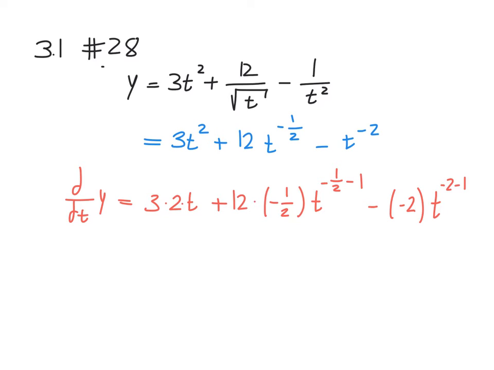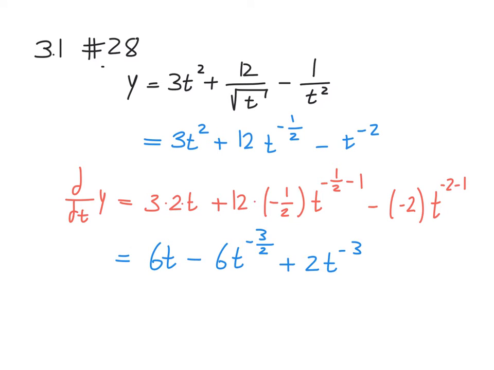Of course, we want to bring the whole thing into a nicer form. So this is what I did in this step. I just simplified the expression a bit. So here 3 times 2 times t becomes 6t, 12 times -1/2 becomes -6, and then t with a new exponent -1/2 -1 becomes -3/2. Here we have minus times -2 is a +2 times t to the -2 -1 is -3.